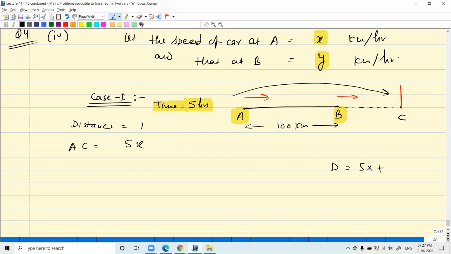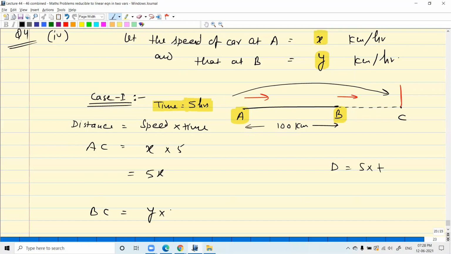We can say distance is equal to speed into time. So AC is equal to speed x into 5. That means AC is 5x. And what is the distance traveled by the car B? B to C? That will also be speed into time.